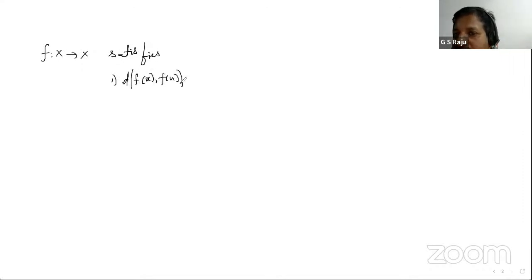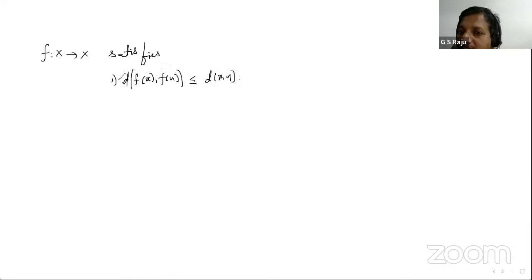What will happen if I have a function from X to X that satisfies the distance from f of x to f of y is less than or equal to the distance from x to y?